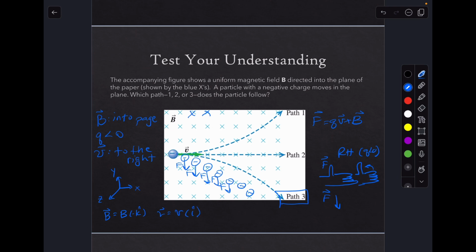And so what we need to do is I cross K, I cross negative K, right?